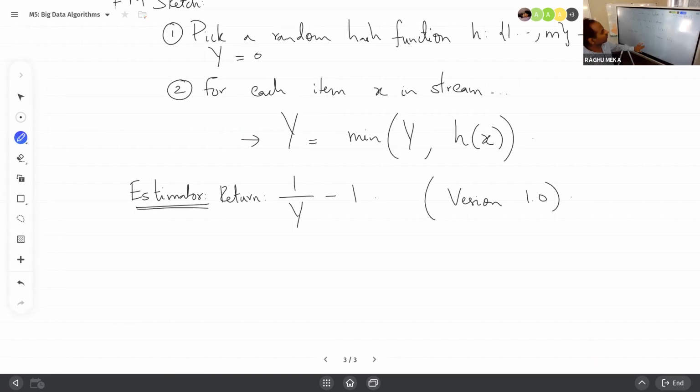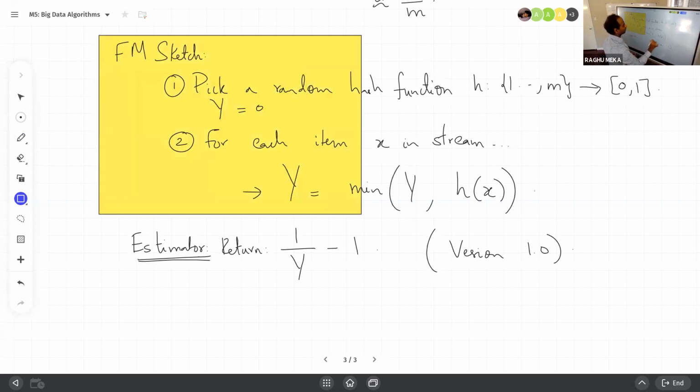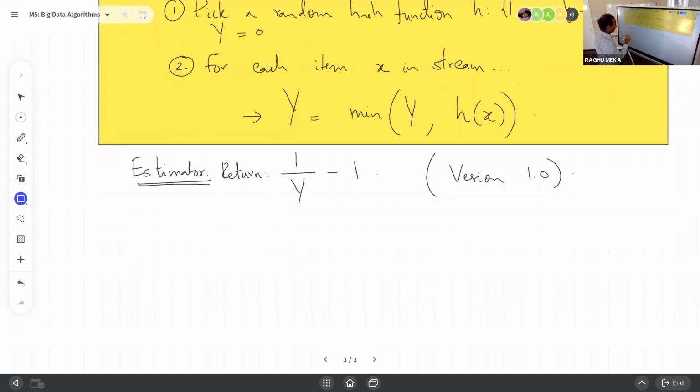But why does this make sense? Why is keeping track of the minimum a meaningful thing to do? Okay, and the idea, as I said, is the following. So clean.